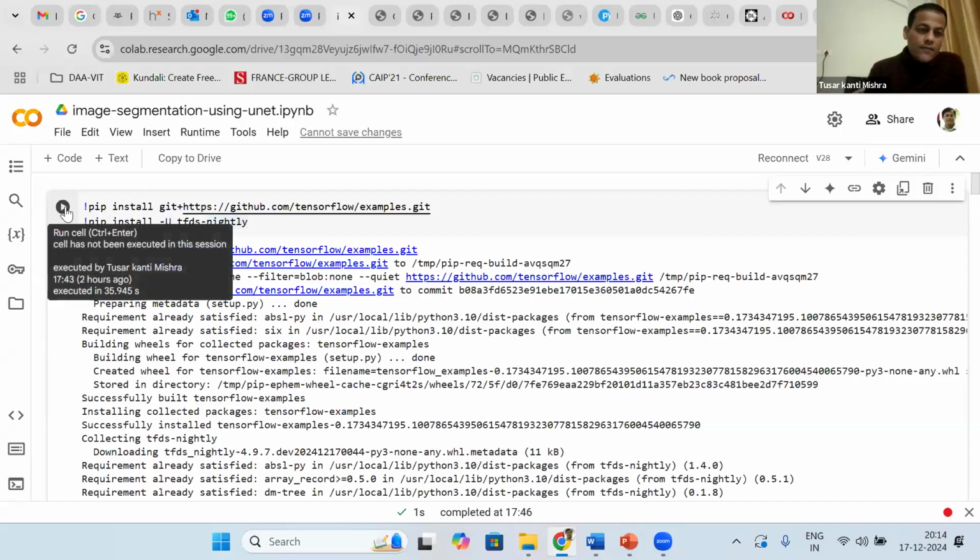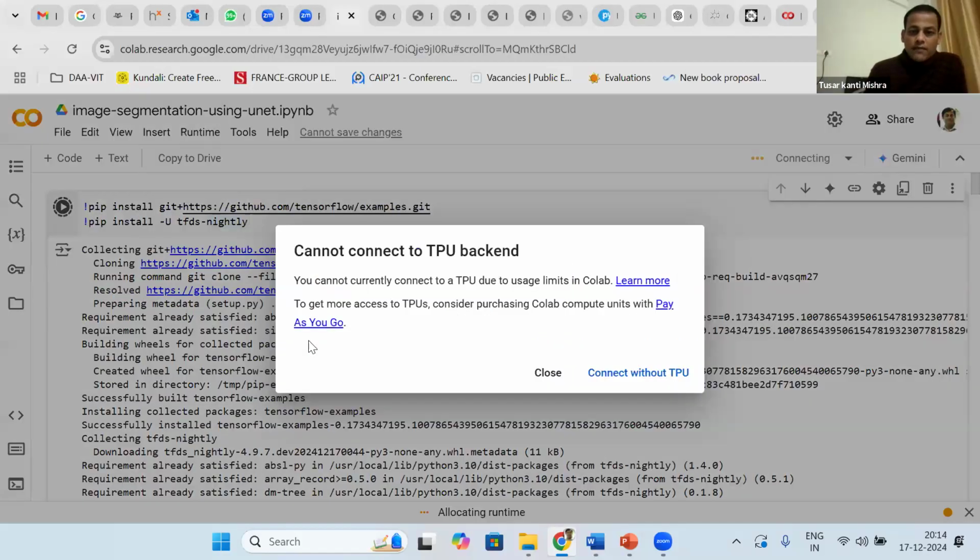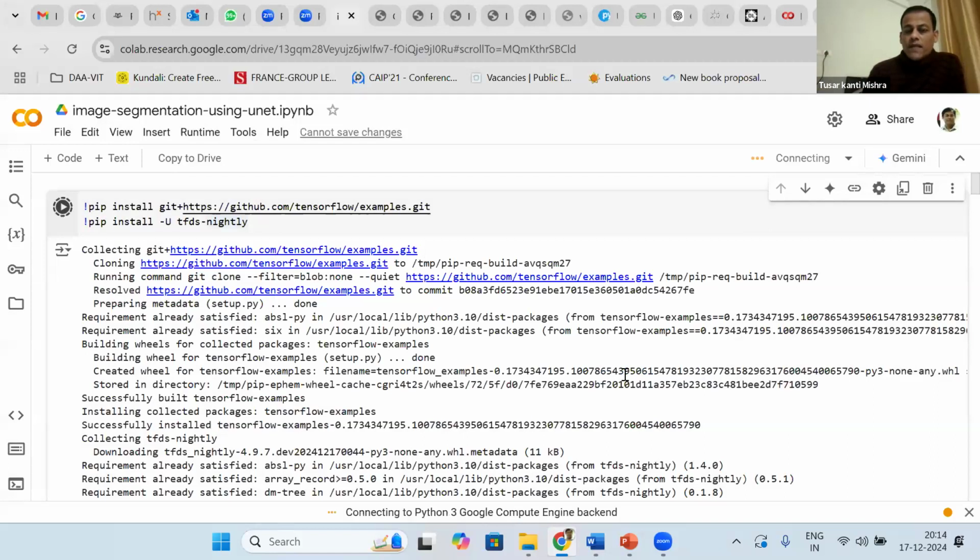Every night they keep it updated. Let us run this. Because this is a free subscription I'm using for Google Colab, much often it gives error and sometimes it doesn't work. That's why I have a backup, no problem about that.